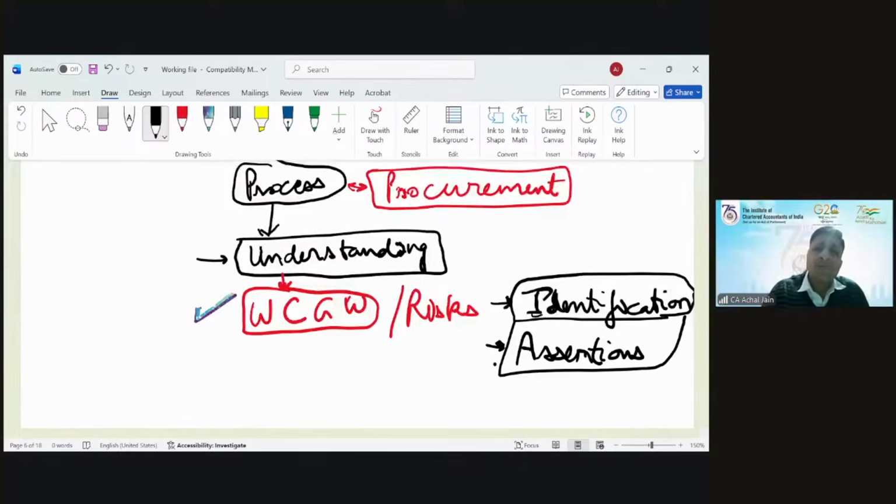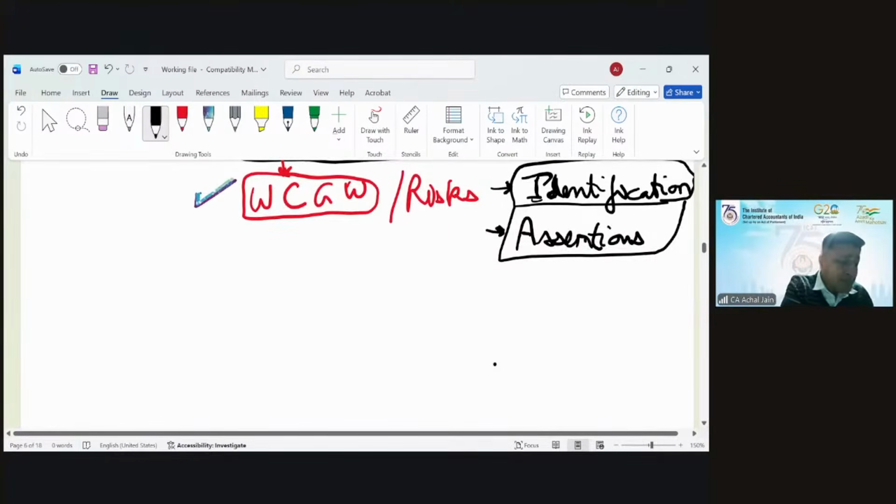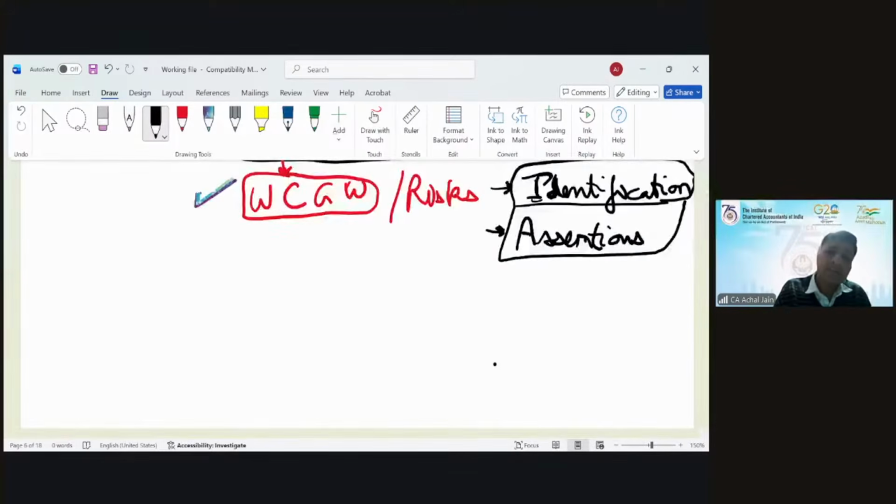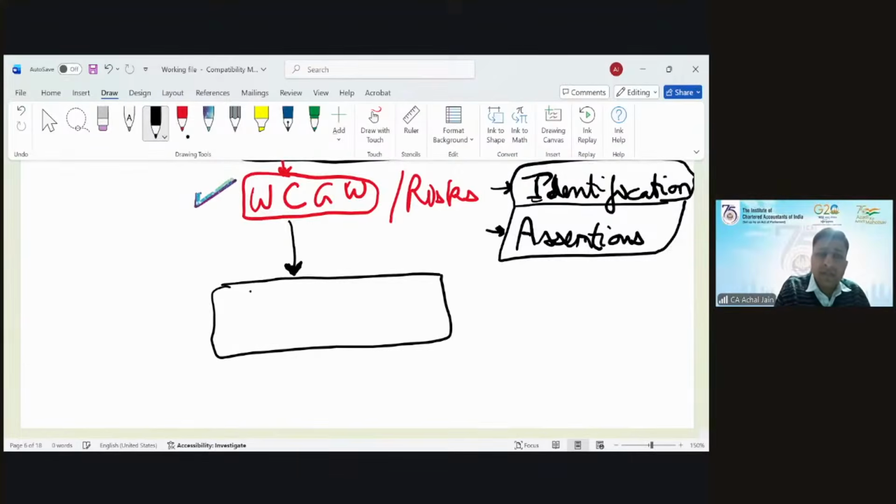Now, further to this, let's come back to the management process. The management would have also set up some controls. Now, what do you mean by control? Like in relation to the risk that we talked about, that the material is purchased, but physically it's not received.